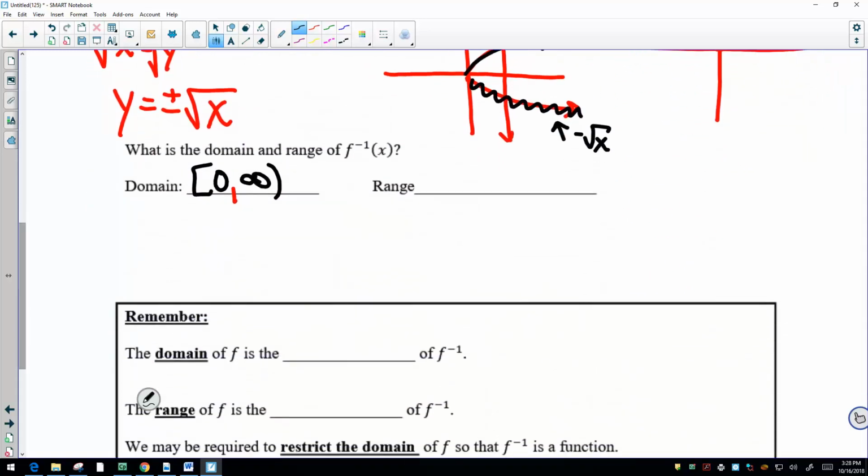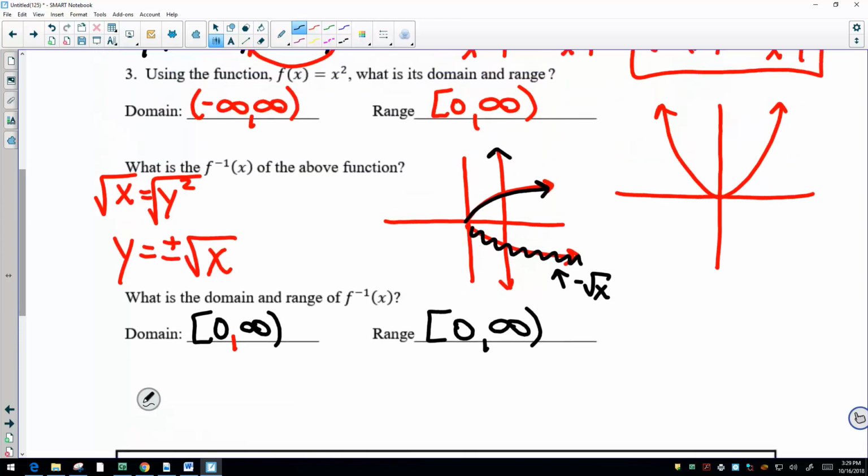Well, if it did happen, we could see how we wouldn't get a function. If we restrict it, well, now we're going to get a function. So I have to restrict the original domain. Notice that the domain here is the range here. We're switching them. I could not make the domain of my original function be the range of my inverse because we came up to this graphical issue.